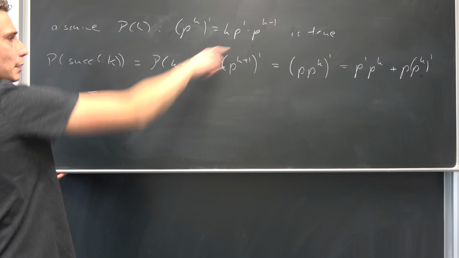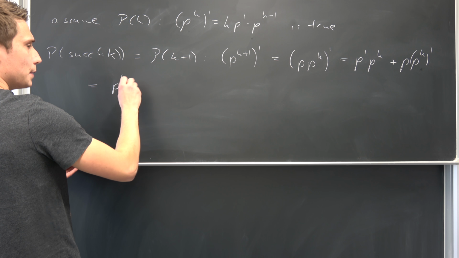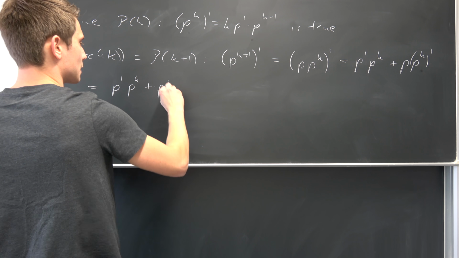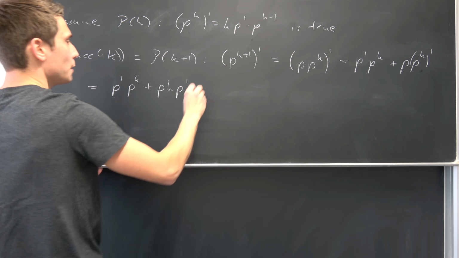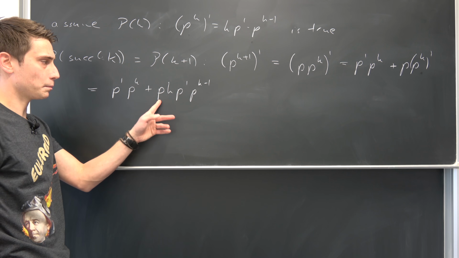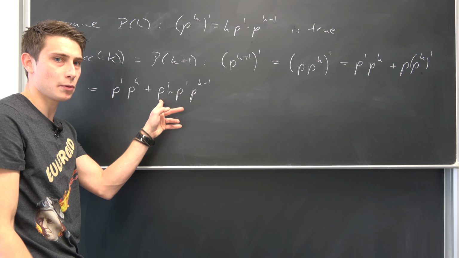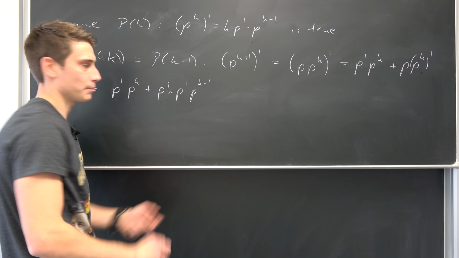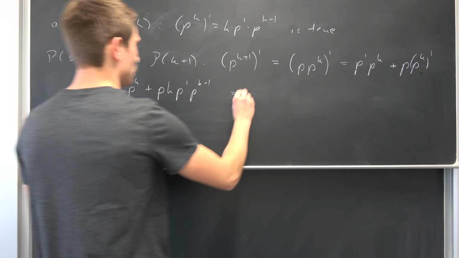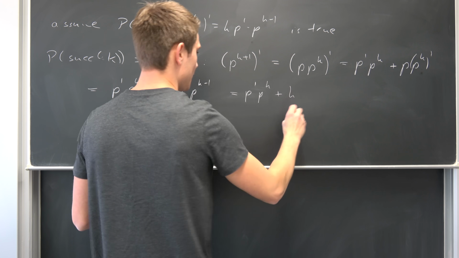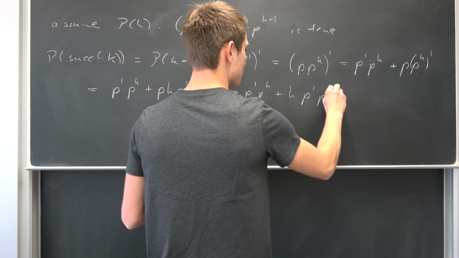So we are going to end up with p prime times p to the kth power plus p times k times p prime times p to the k minus 1th power. And you see, p times p to the k minus 1th power is going to evaluate to p to the kth power in this case. So we have p prime p to the kth power plus k times p prime p to the kth power.